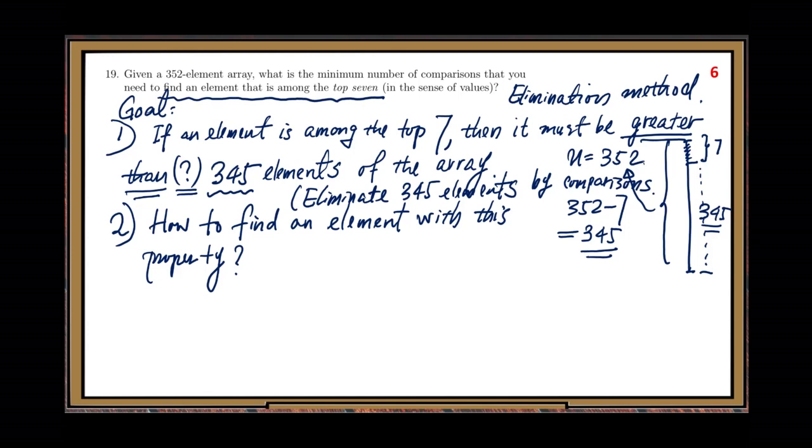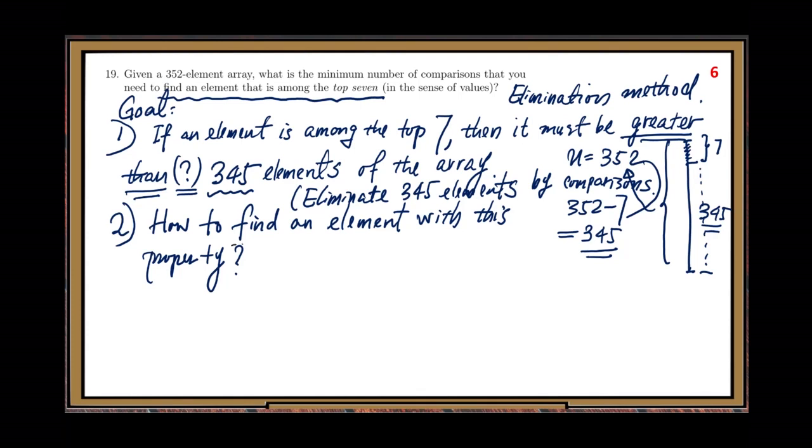That's what we are going to do, the elimination method: eliminate 345 elements by comparisons.